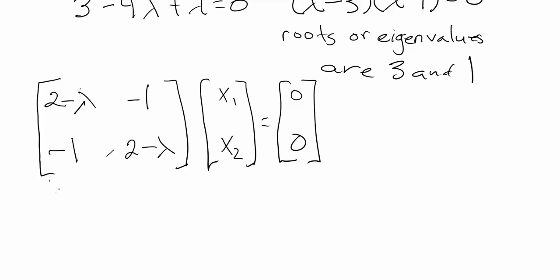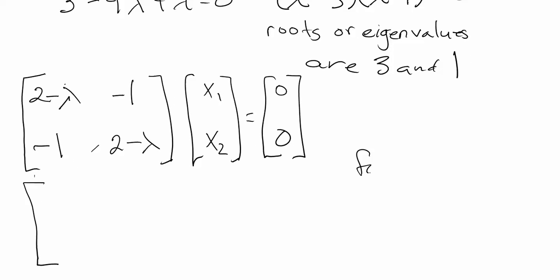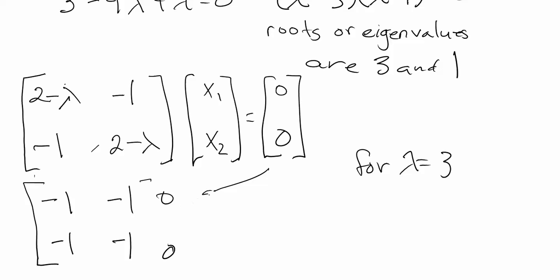So for us, that works out to be a system of equations for lambda equals 3. That's the first eigenvalue that will apply. We get a result of minus 1, minus 1, minus 1, 2 minus 3 is minus 1, and I have the b vector coming in and forming that last column.